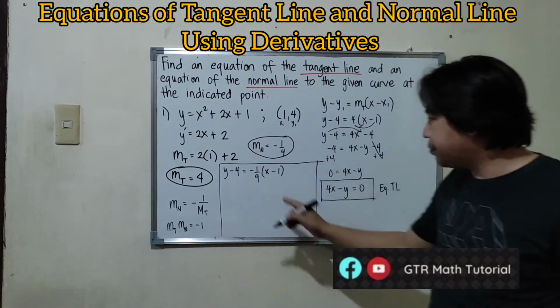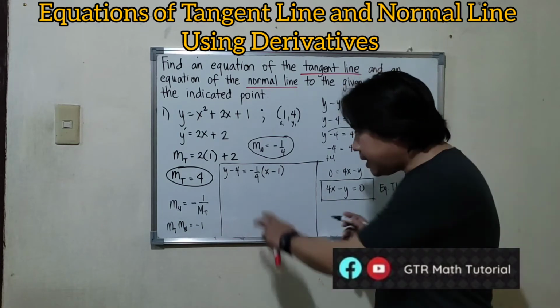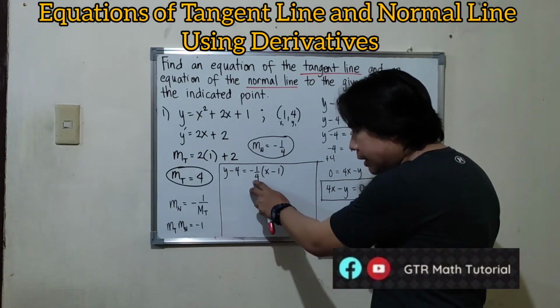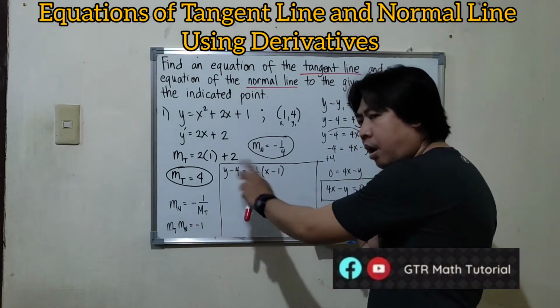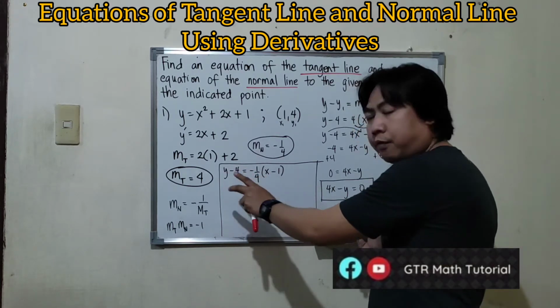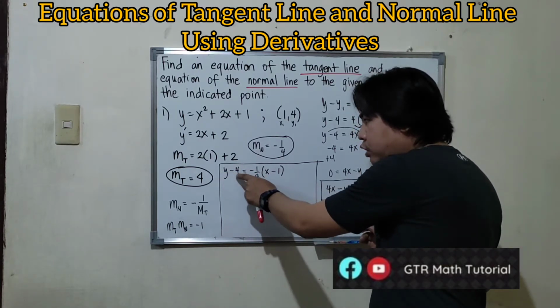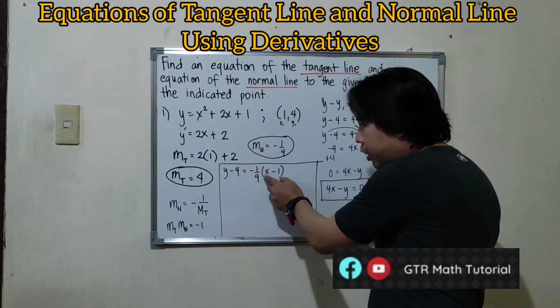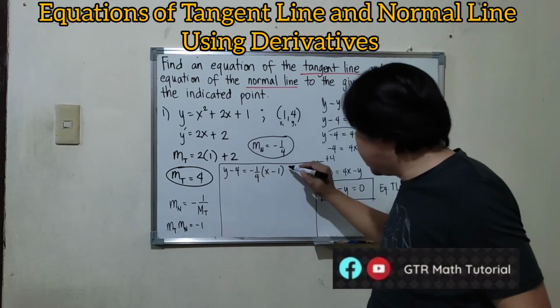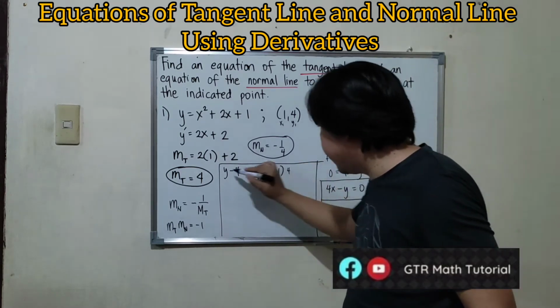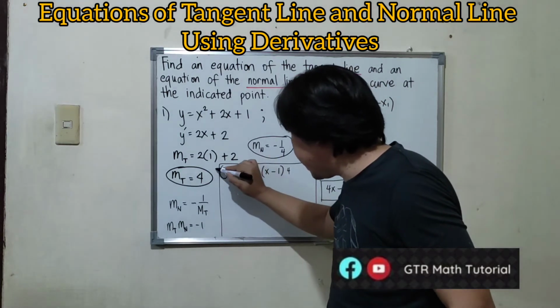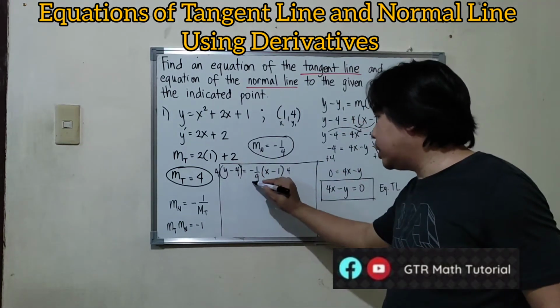Okay, so we have a denominator of 4, so we can multiply both sides of the equation by 4. Multiply y minus 4 by 4, and negative 1/4 times x minus 1 by 4. So this will be cancelled out.